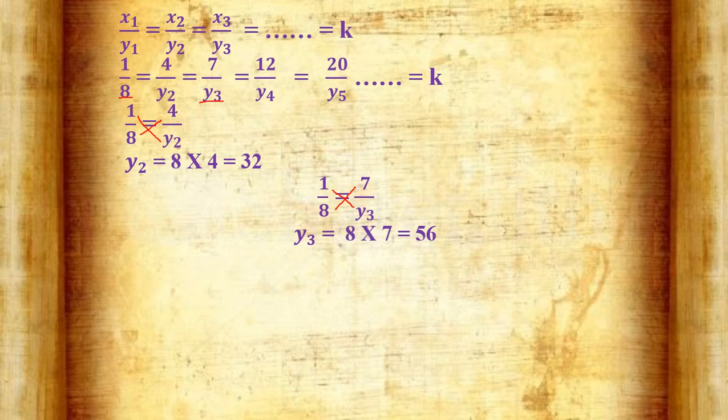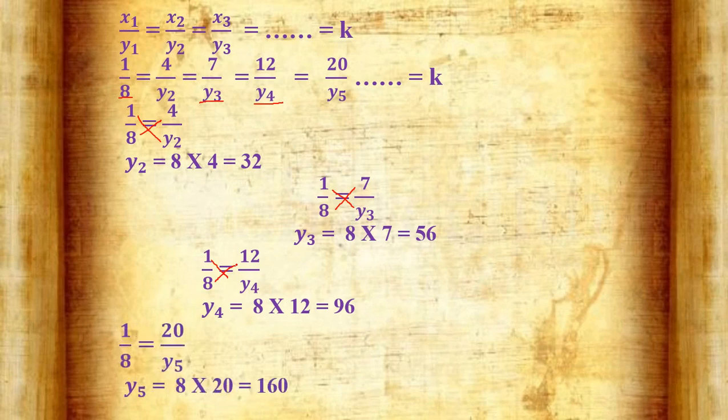8 sevens are 56. Again, for the first and the fourth term, we get 1 by 8 is 12 by y4, and by cross multiplication y4 is equal to 8 into 12. So 12 eights are 96. Similarly, in the next term we get 1 by 8 is 20 upon y5, or y5 is 8 into 20, that is 160.